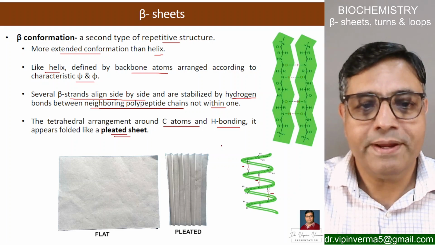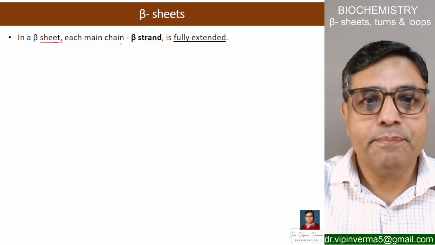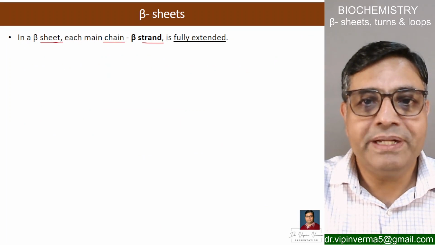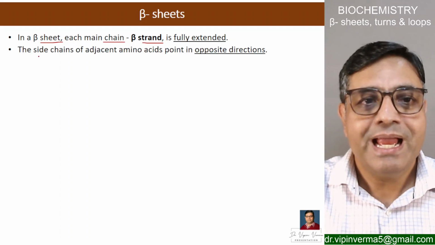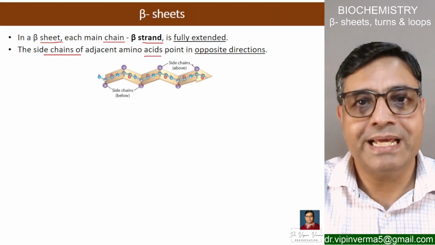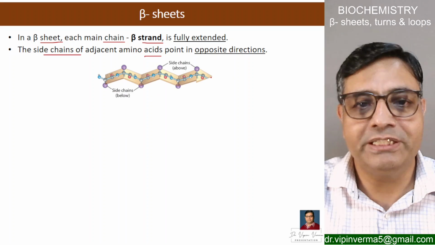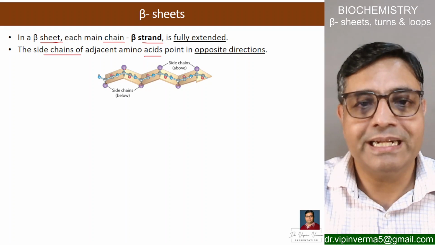Okay, now in a beta sheet each main chain is called a beta strand, and this beta strand is fully extended, and the side chains of adjacent amino acids point in the opposite direction. So you can see here in this particular picture side chains are pointing in opposite directions when they are adjacent to each other.